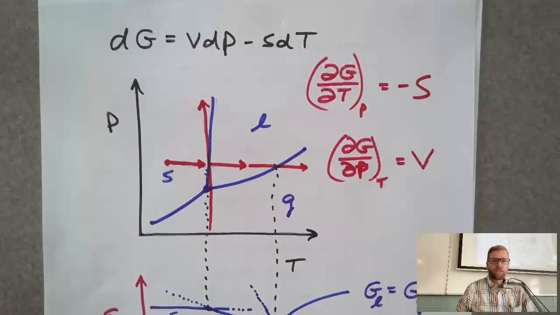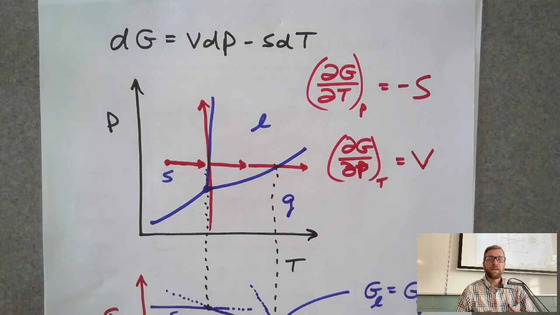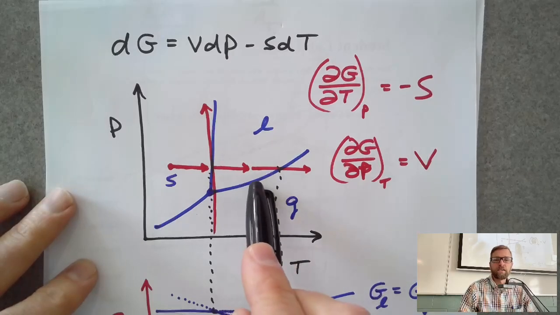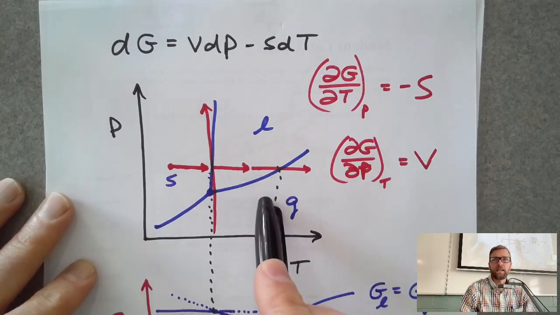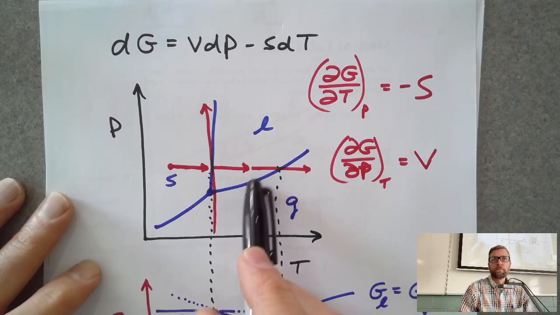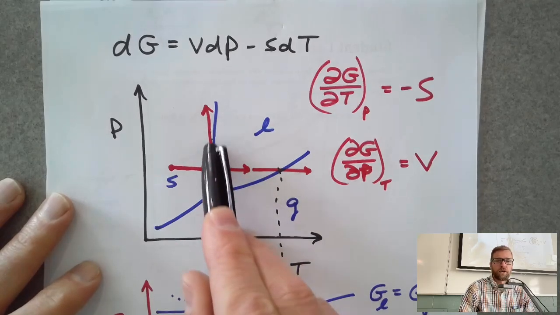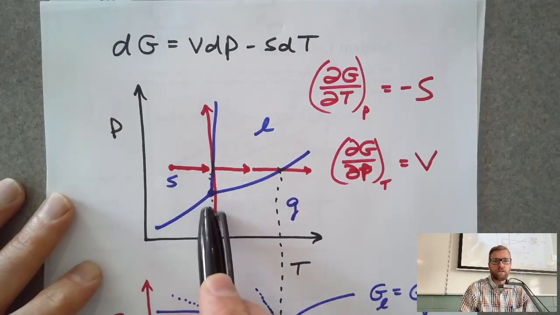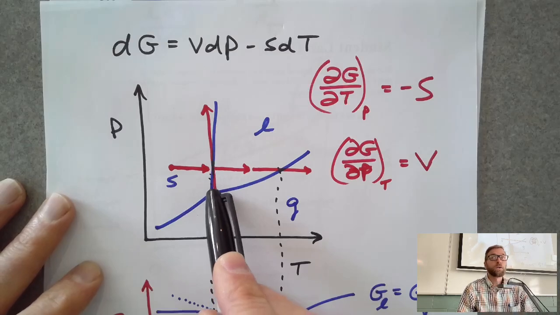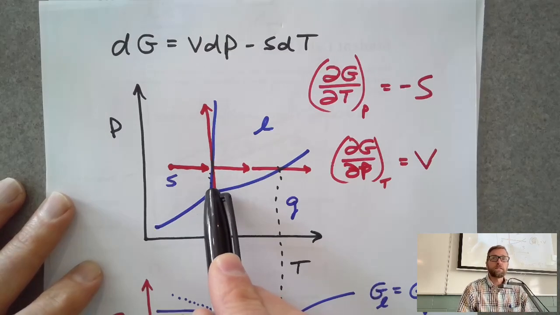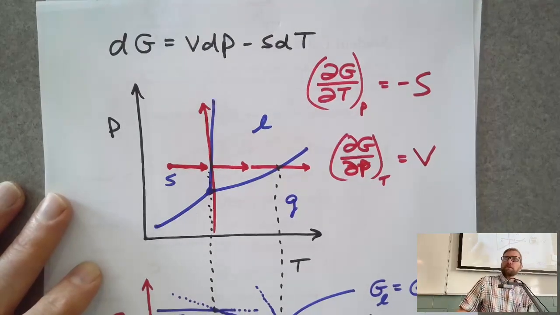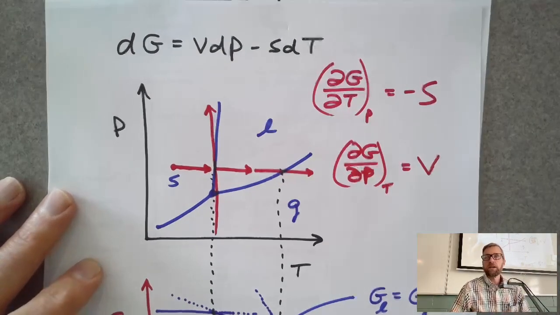So for a pure substance phase diagram, the biphasic parts of the phase diagrams are lines, right? If you're on this line, you can have both liquid and gas present. If you're on this line, you can have both liquid and solid present. If you're down here, you can have solid and gas present. If you're right here at the triple point, you can have all three present, right? So there aren't regions on the phase diagram where you can have two phases.